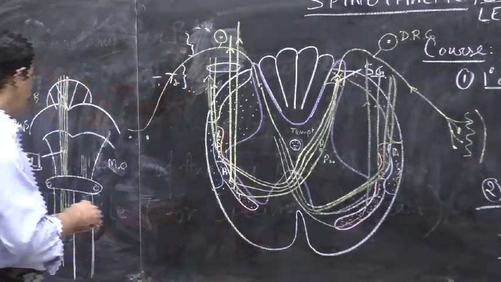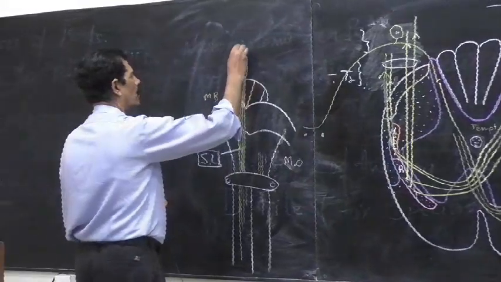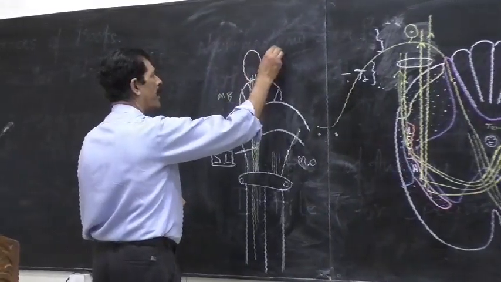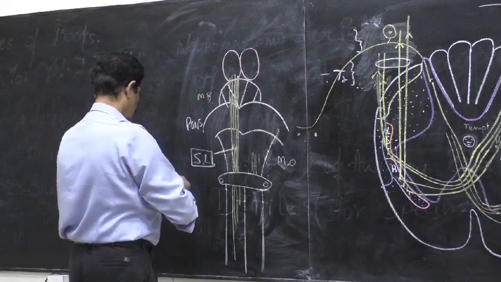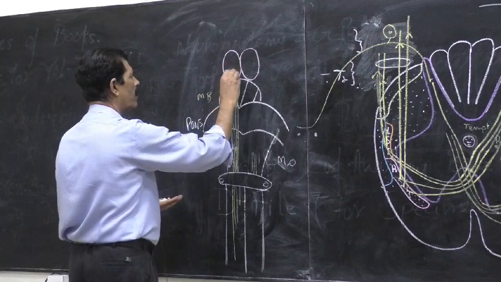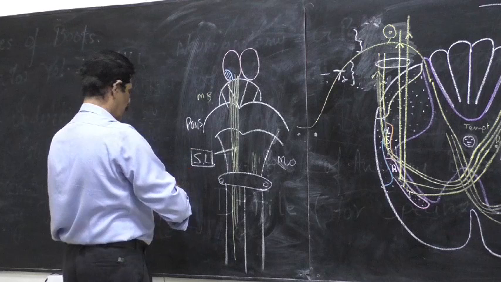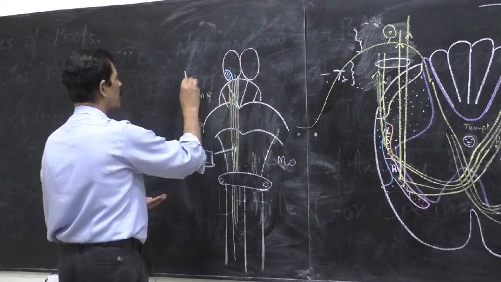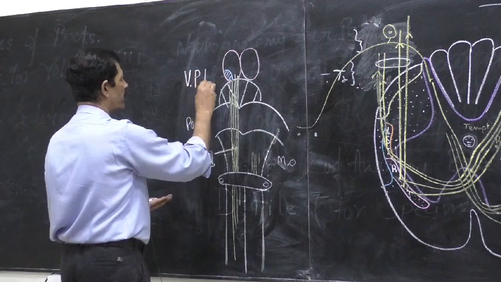So they reach the thalamus, which is part of the diencephalon. Out of so many nuclei there, you should never forget only one nucleus, that is the VPL nucleus, the ventro-posterolateral nucleus.